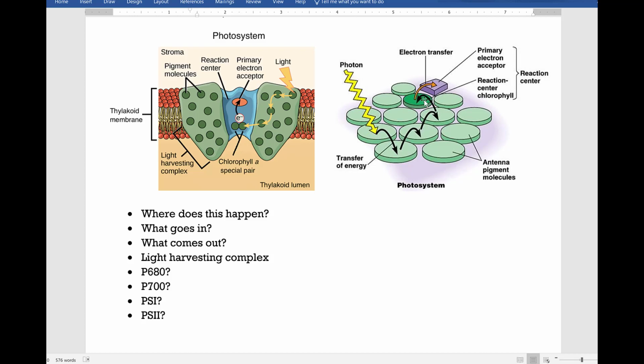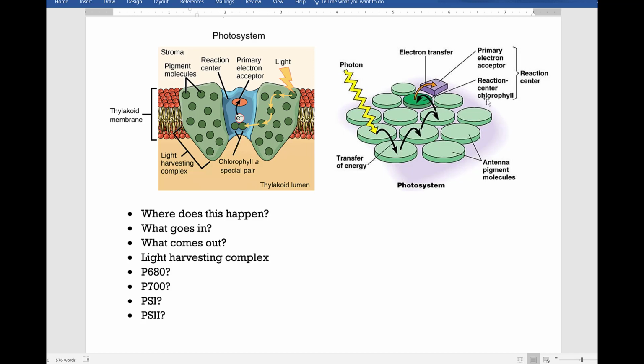And then once all of that energy makes it to the reaction center, all of that energy together is enough energy for our chlorophyll molecule to actually lose electrons that then go into the electron transport chain. So this region of where our chlorophyll molecule is called the reaction center.